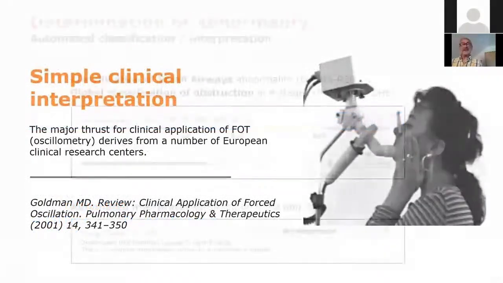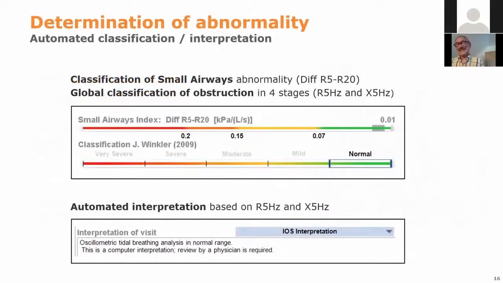So now the simple clinical information, that's really, I have to laugh because it's really simple. You don't have to know anything, because in the report screen, you get an automated classification of the disease. That means the obstruction of central and peripheral airways is classified as normal, mild, moderate, severe, or very severe.